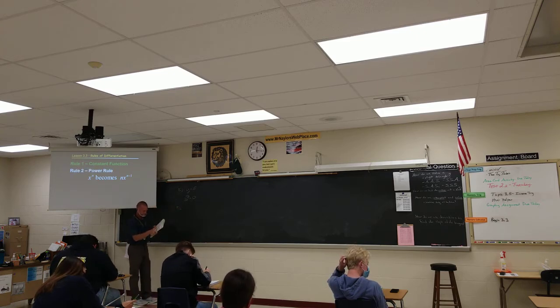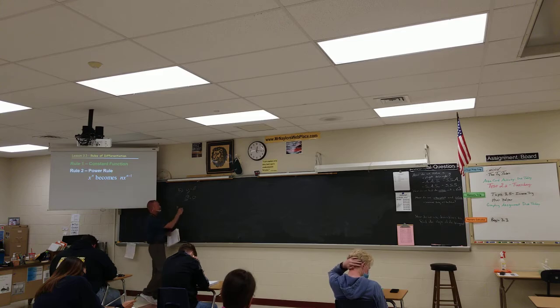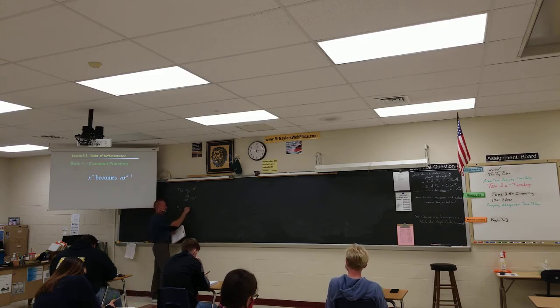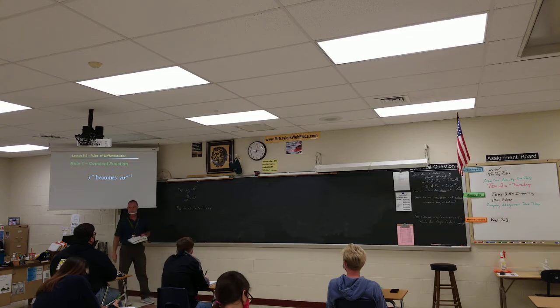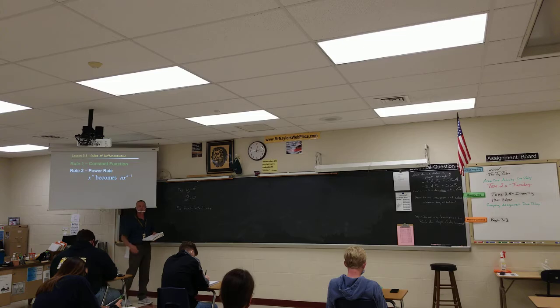Now, to sort of drive this home, to make sure that you realize just what you've now been given, we're going to spice it up a little bit with functions that you're more used to looking at that have multiple terms.